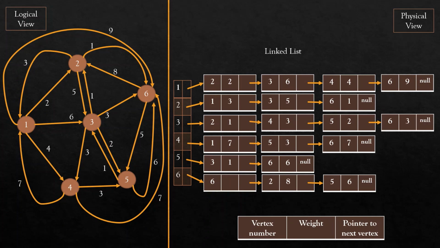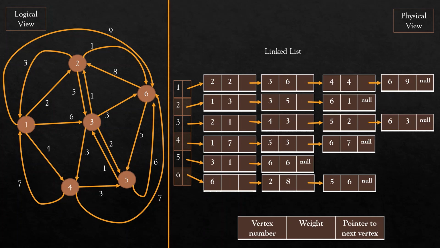In the weight data part, I write the weight between 1 and 2, 1 and 3, 1 and 4 and 1 and 6. Between 1 and 2, the weight is 2. Between 1 and 3, the weight is 6. Between 1 and 4, the weight is 4. And between 1 and 6, the weight is 9. A linked list is formed between these 4 nodes.